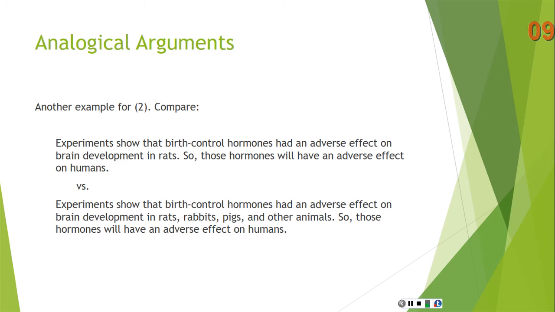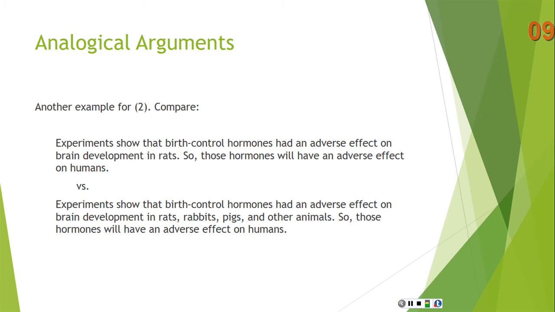All right, so with the first one, it might be just some very peculiar feature about rats, which has the effect that the birth control hormones have a negative impact on them. And so maybe that peculiar feature is not had by humans.